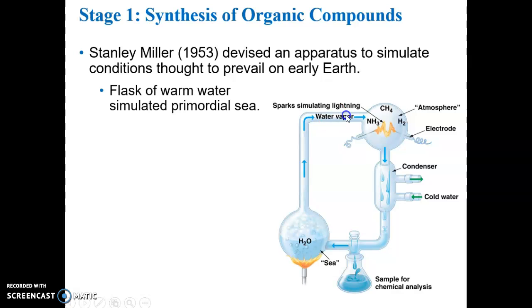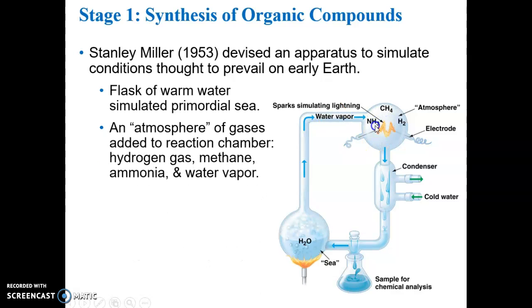like think clouds. Okay. Then the atmosphere was mixed to mimic the early Earth atmosphere of hydrogen gas, that's the H2, methane gas, the CH4, methane, the NH3 here. So carbon-containing molecules and nitrogen-containing molecules. And then the water vapor, which is H2O, all in the early Earth's atmosphere.